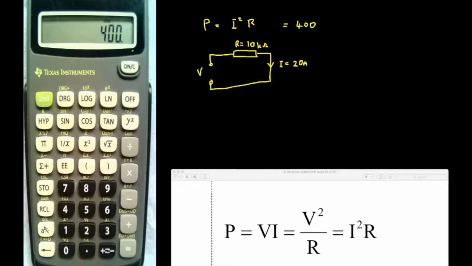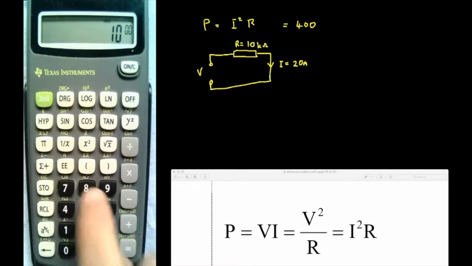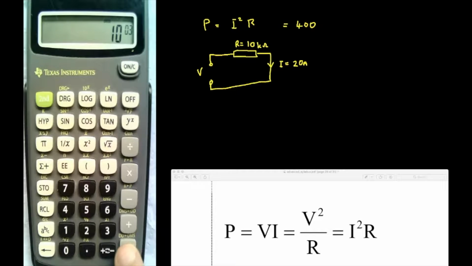Now, times R, which is 10 kiloohms. So I'm going to write in 10 EE 3. Now I'm going to press equal sign, and I've got 4 million.